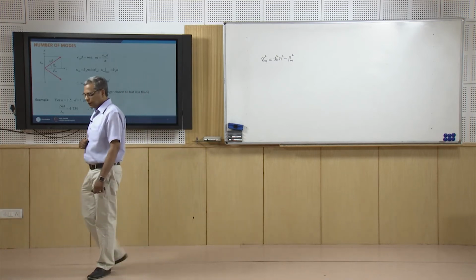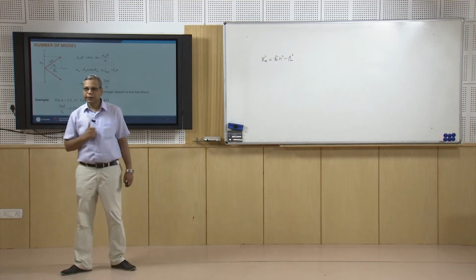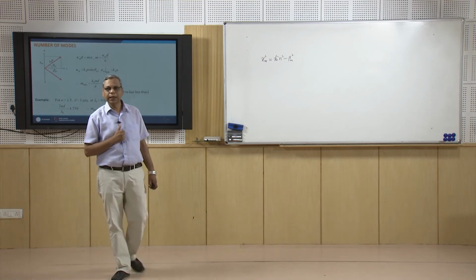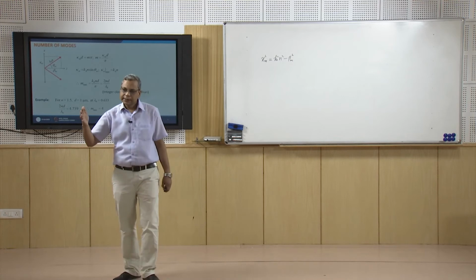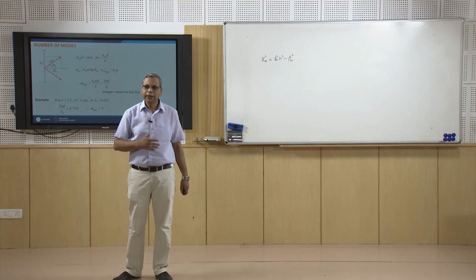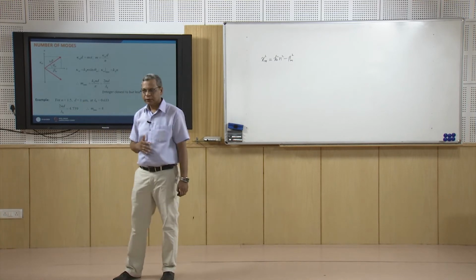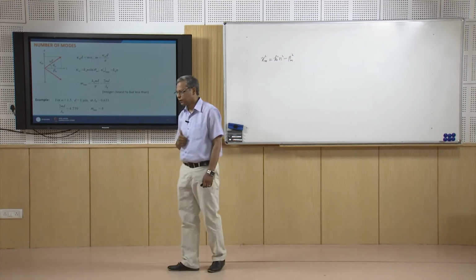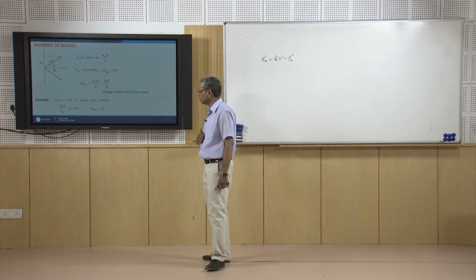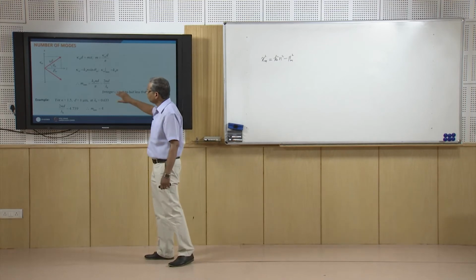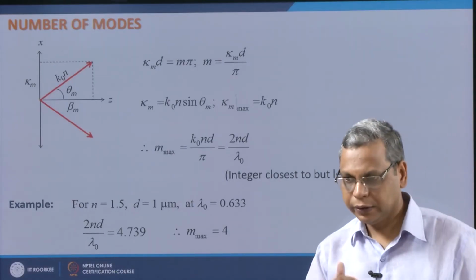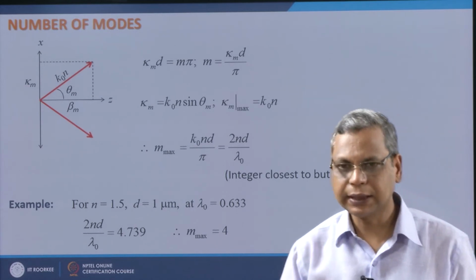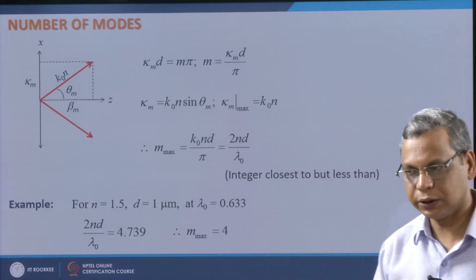Second, since it involves metal coatings, and metal is a highly absorbing material, as these modes propagate, they will attenuate very quickly. So they have very high loss. So this kind of waveguide is of little practical use, although it gives a good understanding of mode propagation.